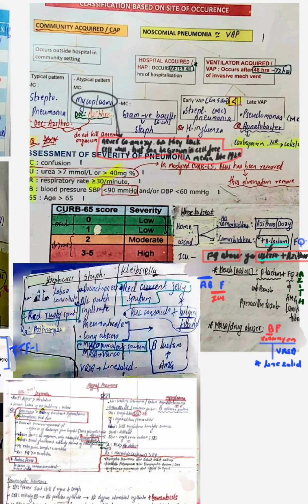But if vancomycin is also resistant, we give linezolid. So it is a beta lactam and fluoroquinolone combination. For MRSA, we know vancomycin. If resistant, linezolid. Now let's talk about pneumonia.